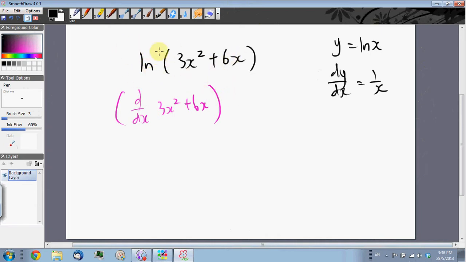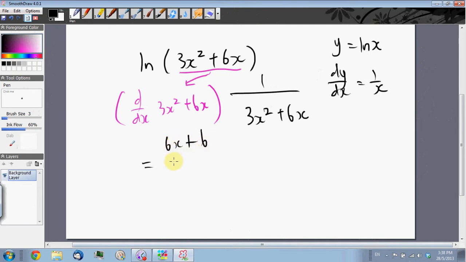So after you differentiate the purple one and you bring it out, you need to change the ln of the function into 1 over 3x squared plus 6x. Then your answer will be 6x plus 6 over 3x squared plus 6x. This is your dy dx, if your y equals this. So it's always just differentiating, bringing it out.